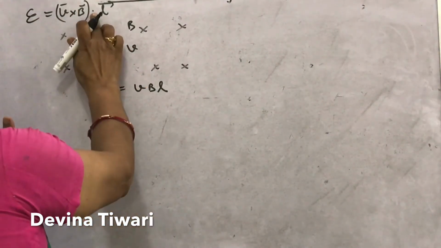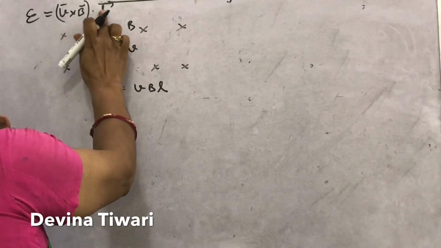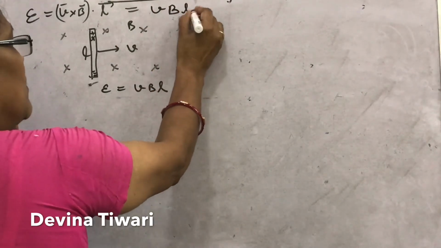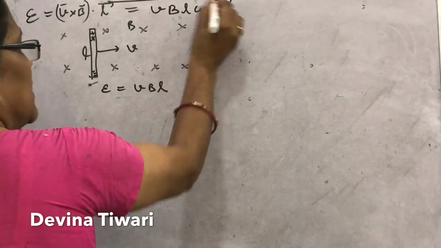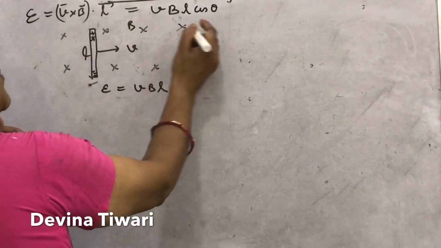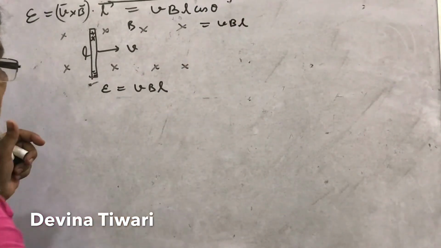So V cross B dot product with L gives VBL cos theta. What is theta? V cross B and L are both parallel, so this is VBL, hence it is written.